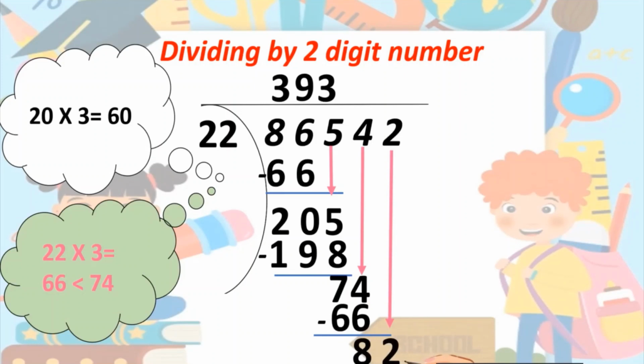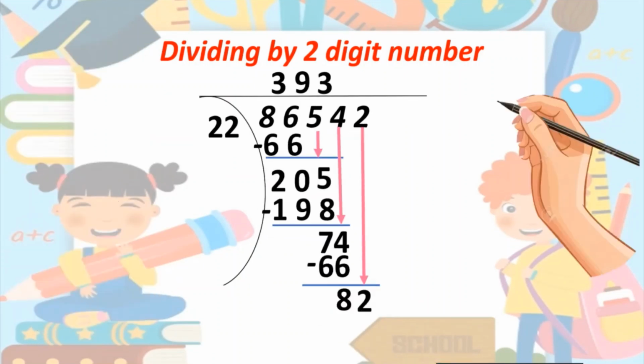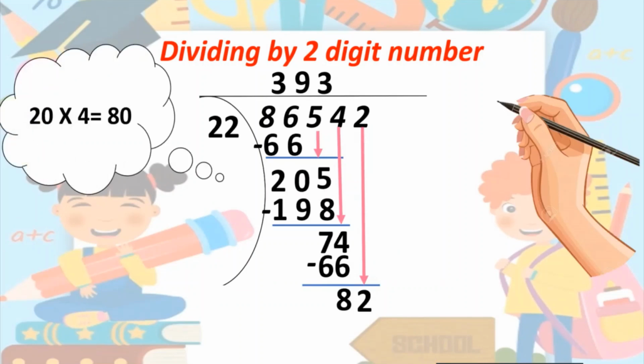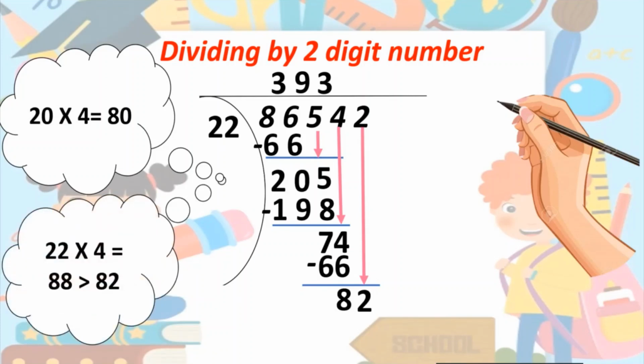So now again we see 20 multiplied by 4 is 80, which is less than 82. But 22 multiplied by 4 is 88, which is greater than 82. So let us try multiplying by the next smaller number, that is 3.